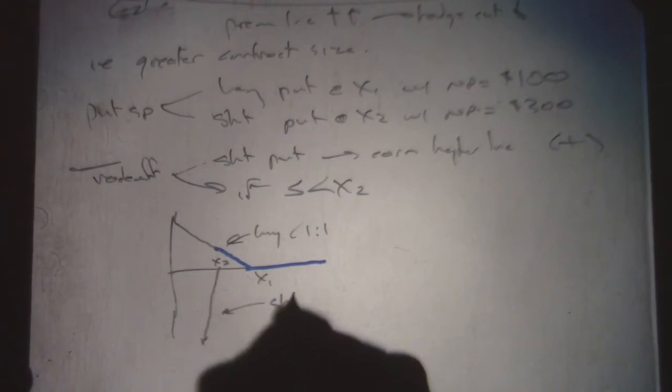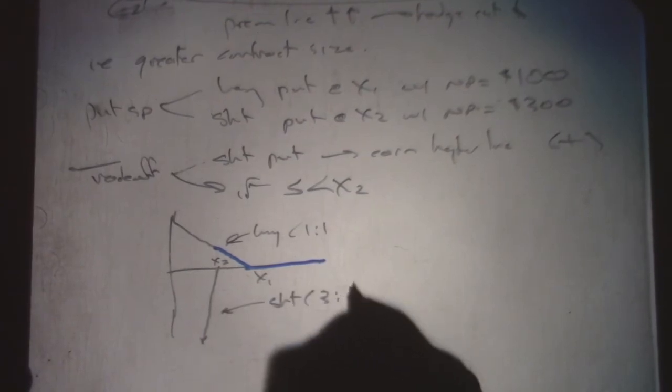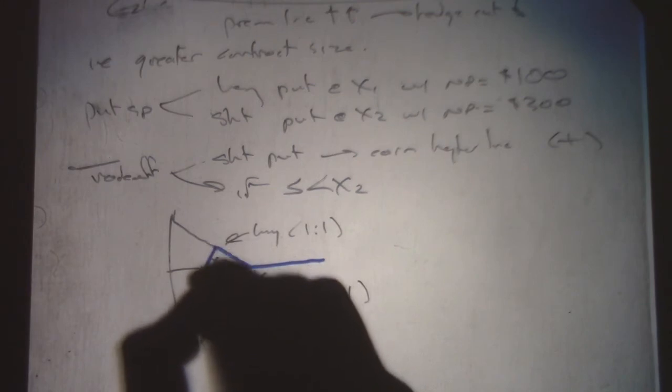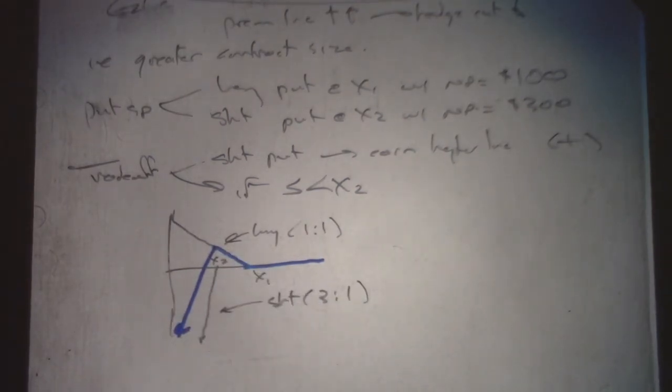And what do you have on the short? It's 3-to-1 because it's $300 MP. Watch what's going to happen to the gains and losses. It's just going to collapse, right? Because you've got $3 down for every $1 up.